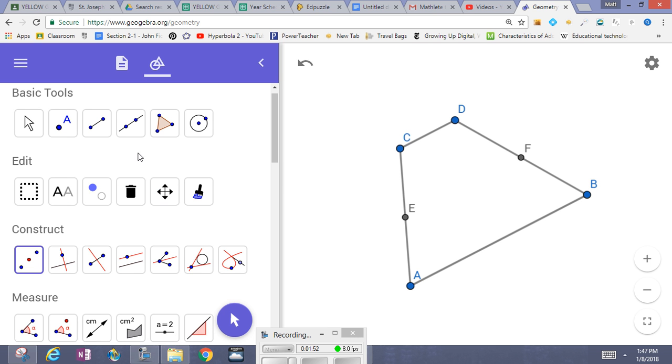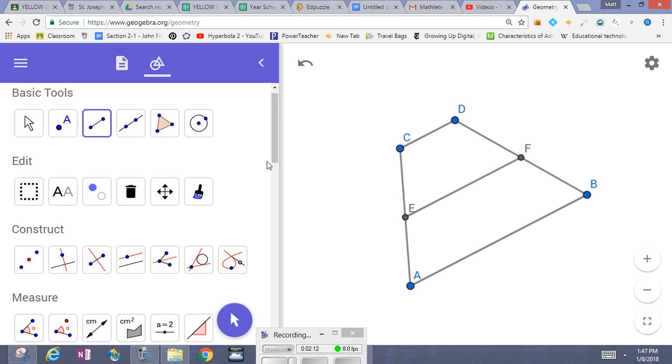EF is now our mid-segment. That is, E is the midpoint of the leg AC, F is the midpoint of DB, and EF is the mid-segment.